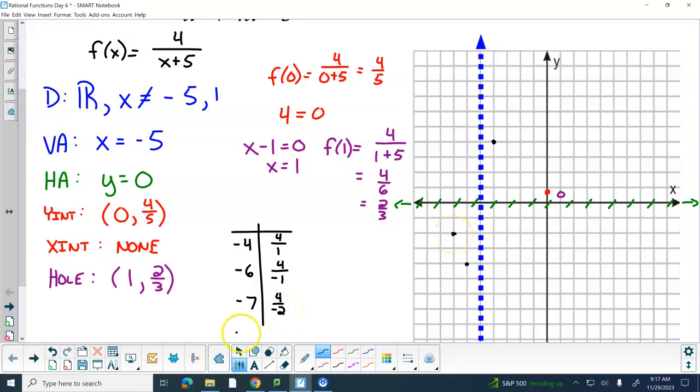And then let's go with -10. That's going to be, actually, no, let's not go with -10. Let's go with -9. You'll see why I'm choosing -9 here in a minute. -9 would be 4 over -4. Yep. And you can draw it in.